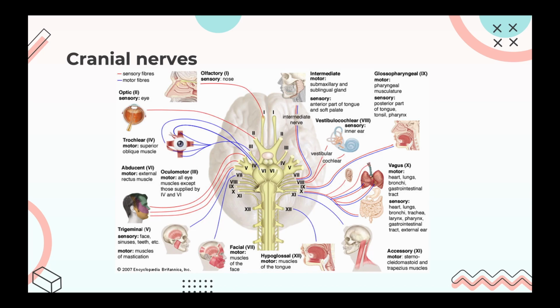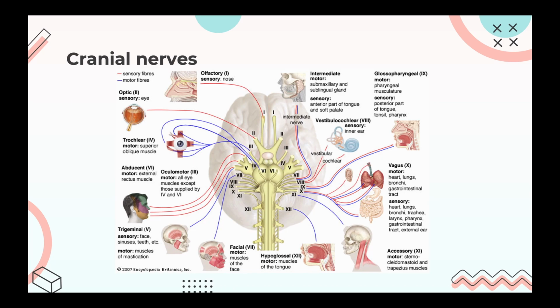Then there's cranial nerve 9, which is the glossopharyngeal nerve, which is on the top right over here. And it is also a combined nerve again, so it has both sensory and motor input and output. So the motor output is that it controls pharyngeal musculature, it says on this image.